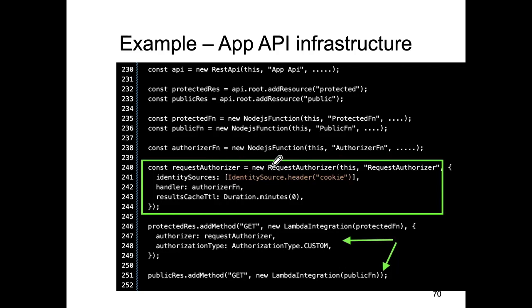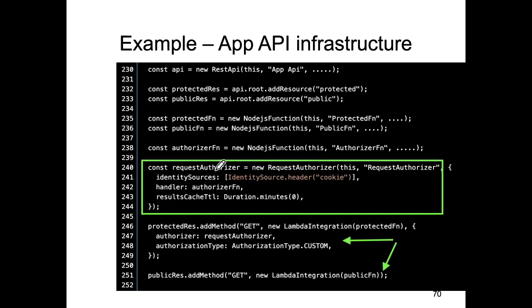So in CDK terms, you create an instance of this request authorizer and configure it. The configuration includes how requests that come in from Postman declare the credentials of the user, which in our case is a JWT token.